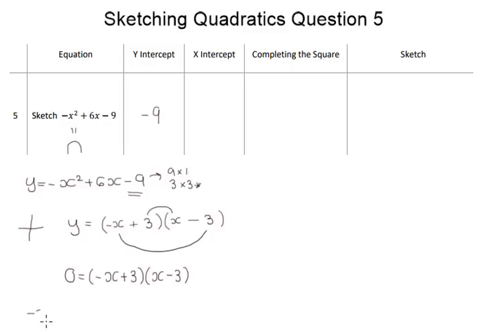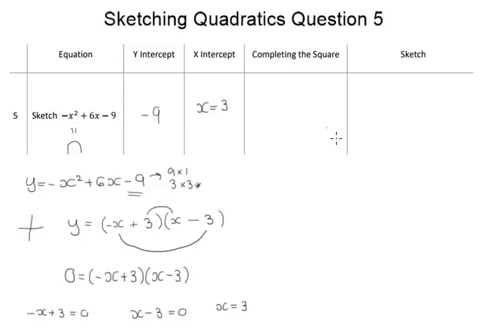So let's say minus x plus 3 equals 0 and x minus 3 equals 0. This gives us just one answer of x equals 3. So this is our intercept. We only have one intercept here at x equals 3.